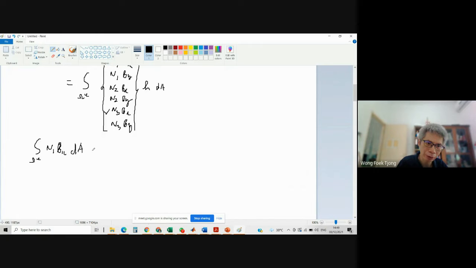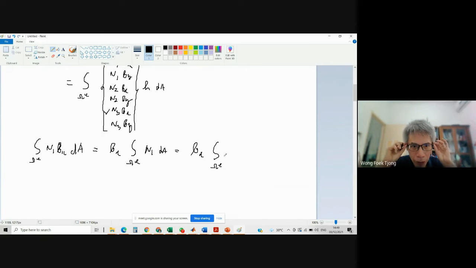But we know in this problem, we assume that B, the body force components, is uniform or constant. So actually we can just calculate like this. But, okay, let me write. We can write the shape functions in terms of area coordinates instead of Cartesian coordinates.